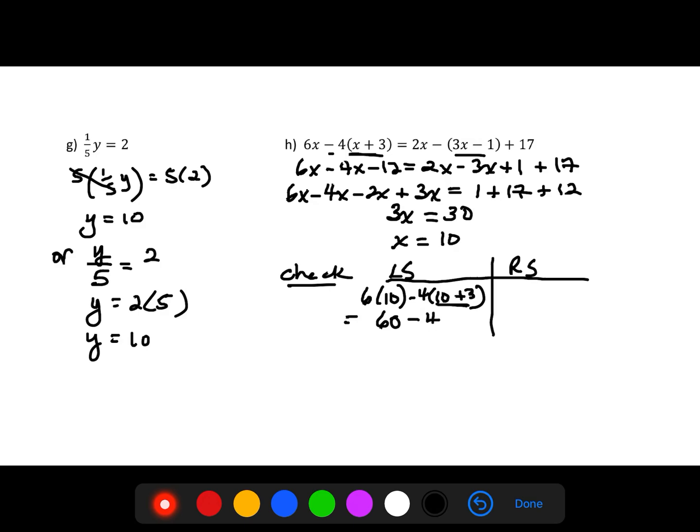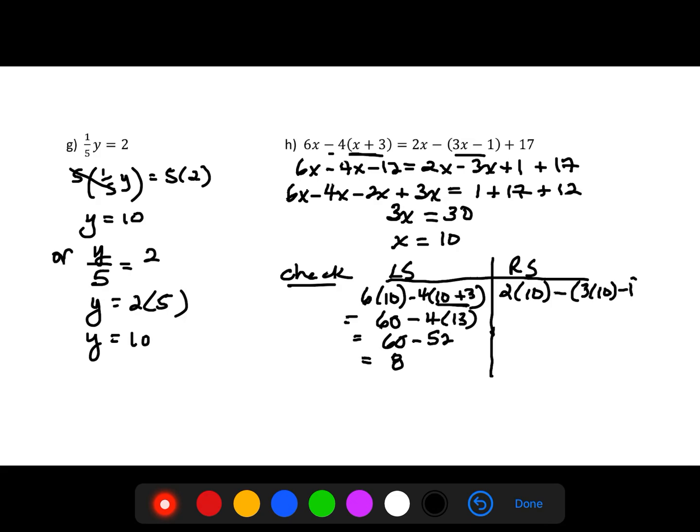Simplifying, we can multiply our two numbers out front is 60. Inside our brackets, remember BEDMAS tells us we must do our brackets first. So we're going to have 60 minus 52, which means we get 8 on our left-hand side.